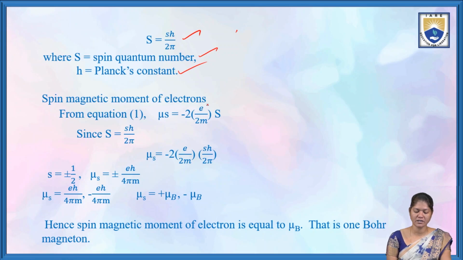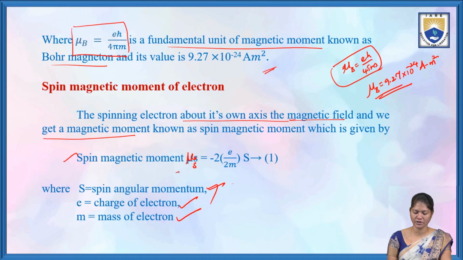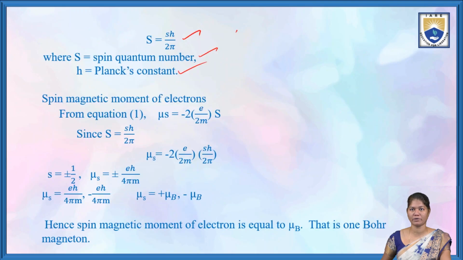So the spin magnetic moment of the electron from equation 1 is mu s equal to minus 2 into e by 2m into S. Here S is equal to sh by 2 pi.